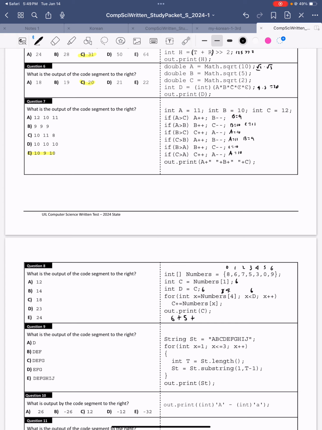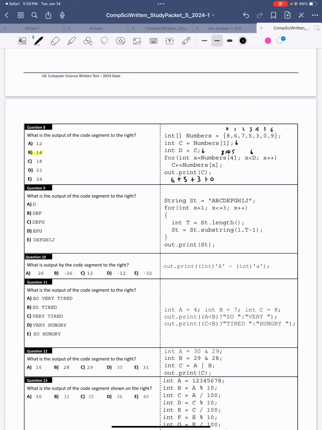So what's numbers of 4? Yes, numbers of 4 is 3. And then this becomes 5. What's numbers of 5? 0. And then you get to 6, but you don't count 6. So it's just 6 plus 5 plus 3, which is what? 14. 8 is B. Yep. Easy.